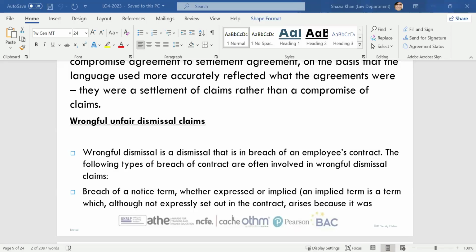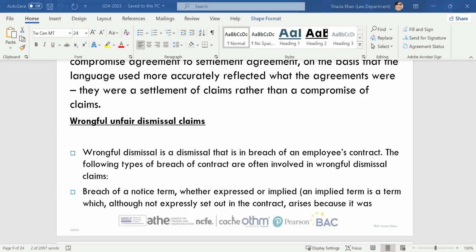So both can be claimed in an employment tribunal, but wrongful dismissal can be used in civil courts. Wrongful dismissal does not require a qualifying period of employment and focuses solely on whether the contract was breached, often involving issues like improper notice. Unfair dismissal typically requires at least 2 years of service and considers overall fairness of the situation.